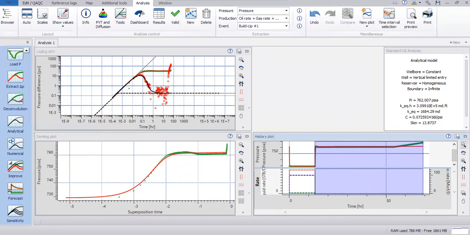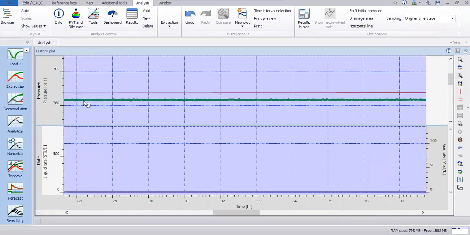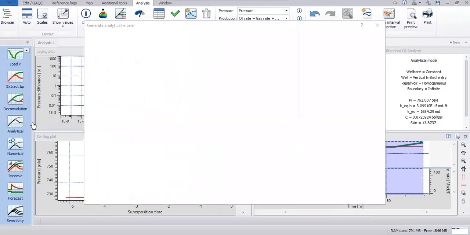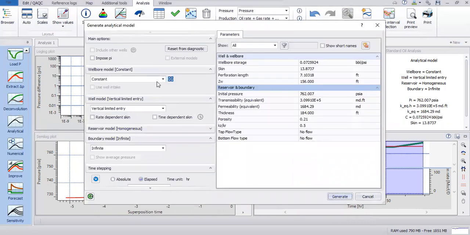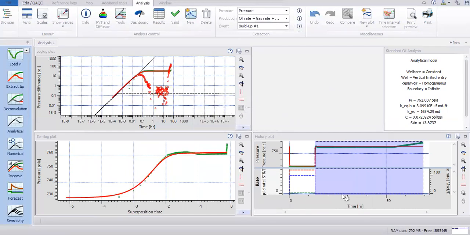Okay, still good. Let's try. What is this pressure? 760 psia. Let's see if we can impose PI, impose initial reservoir pressure.